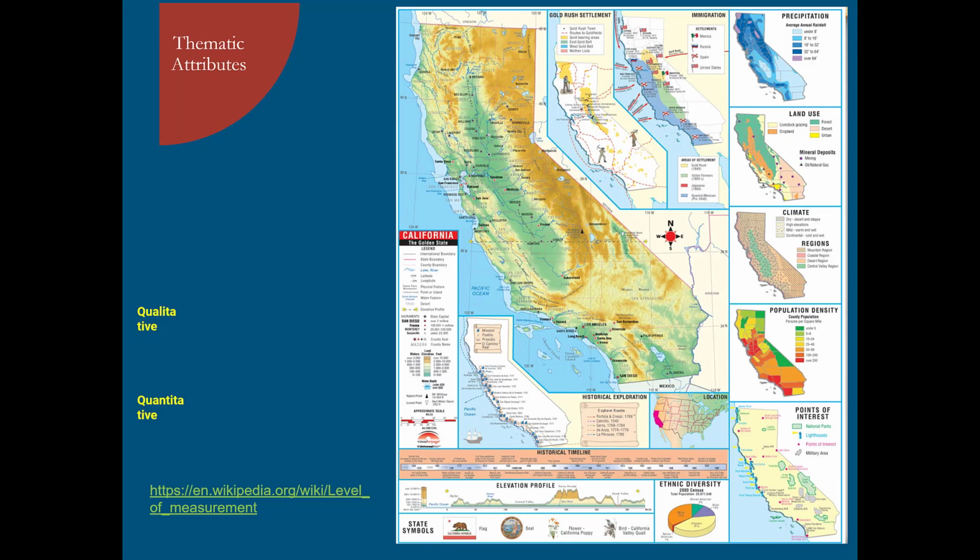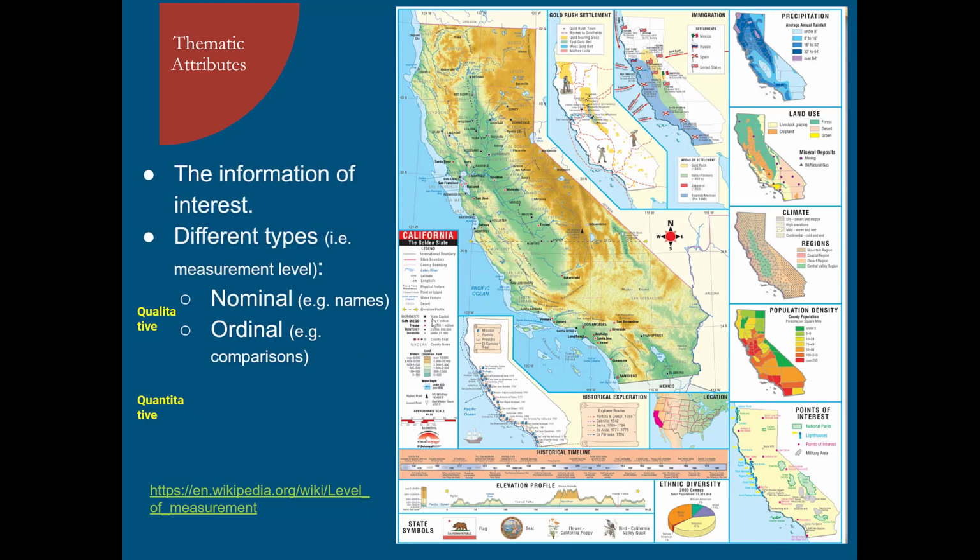Okay, so how about thematic attributes? We know those are attributes of spatial features, right? Here we can classify those attributes into two types: qualitative or quantitative. You may also hear people say nominal, ordinal, interval, or ratio.